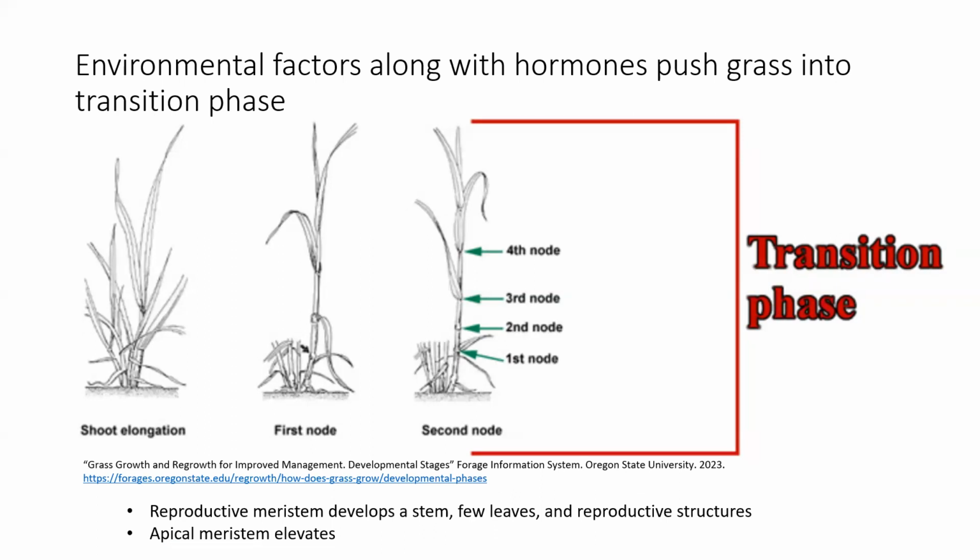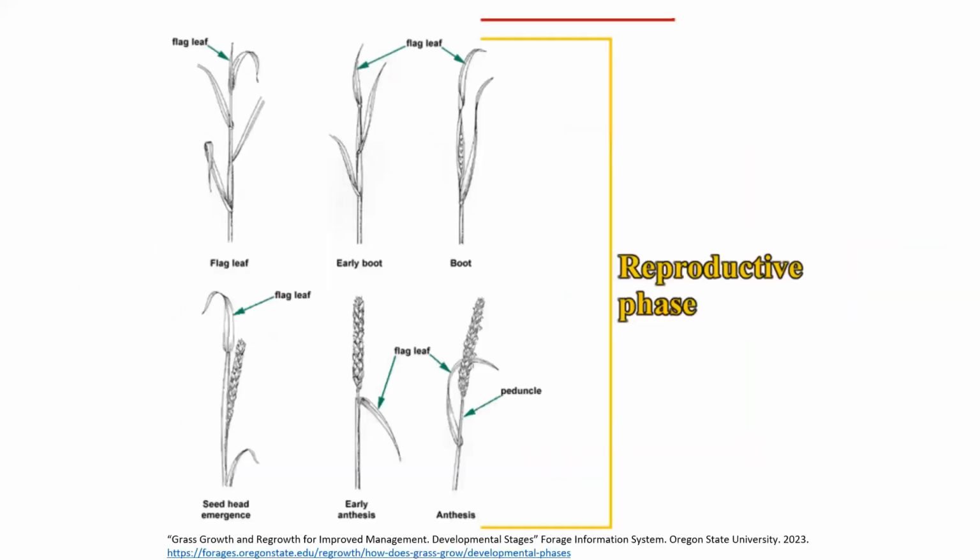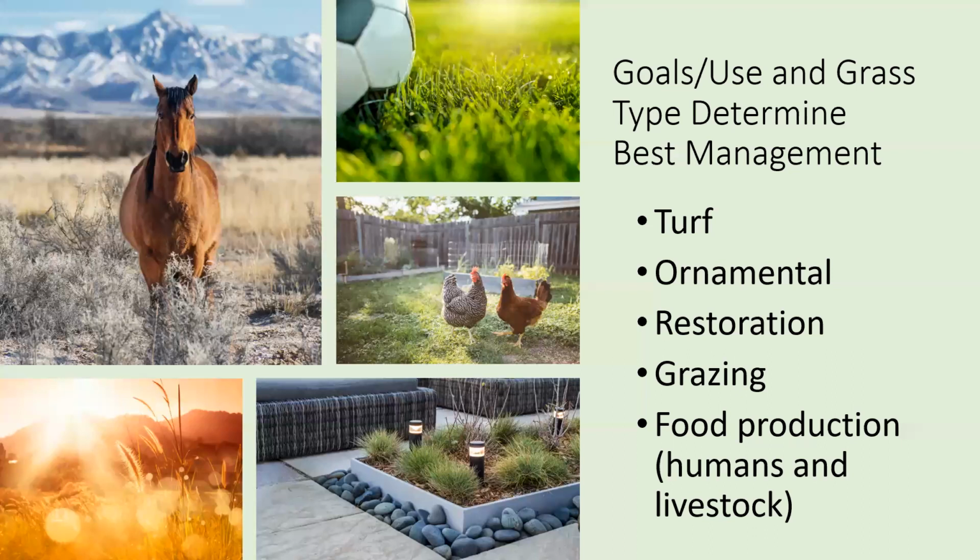At this point, you start to elevate. You can see on the leaves where that leaf growing point is elevated, and the apical meristem is also elevated at this point. And then you're going to go into that reproductive phase, where the seed head is going to come up and eventually produce viable seeds.